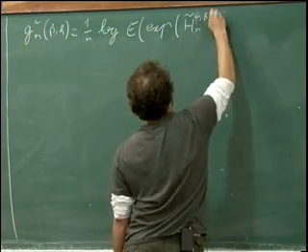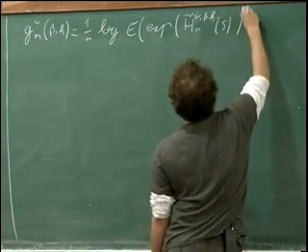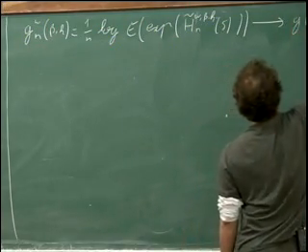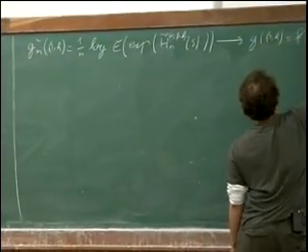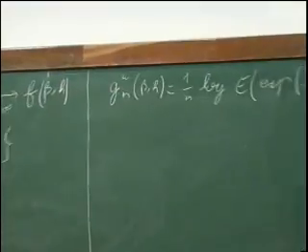And this goes towards J of beta h, which is simply F of beta h minus beta h.